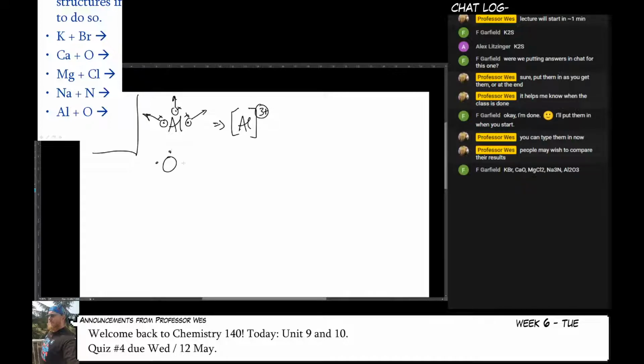Oxygen has 6 valence electrons. I'm going to give it 2 more. My charges don't balance out. I have too many positives, so I'm going to add in another oxygen.